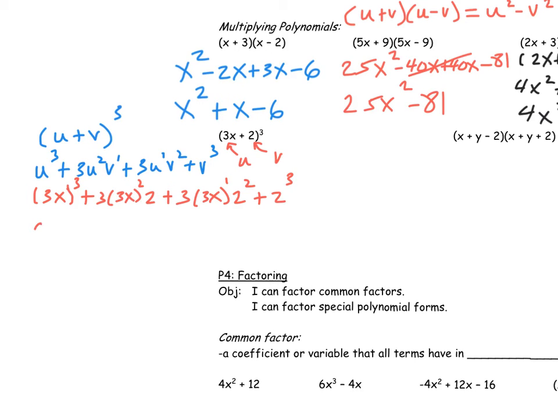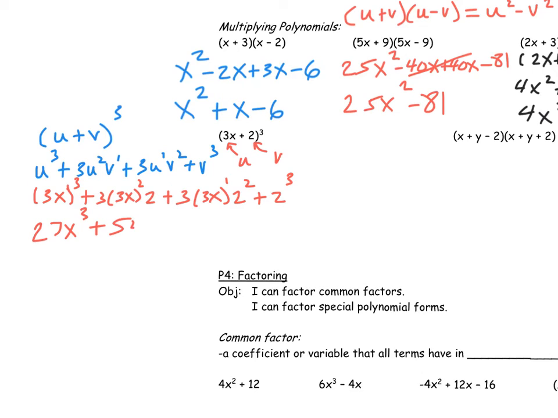Now I'll simplify these. This would be 27x to the third, because that third term applies to both. Just like in the second term, the squared applies to both. So 3 squared would be 9, times 3 would be 27, times 2 more.